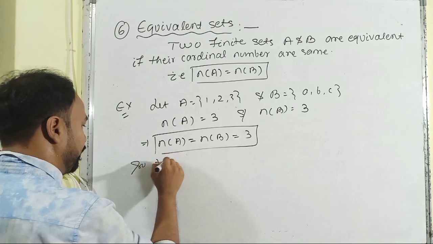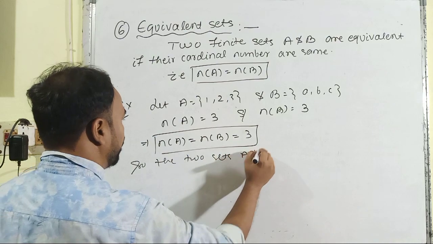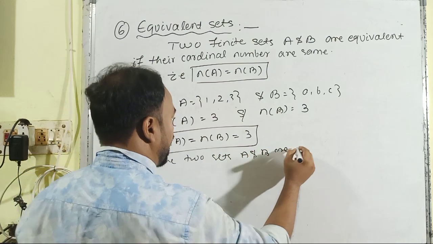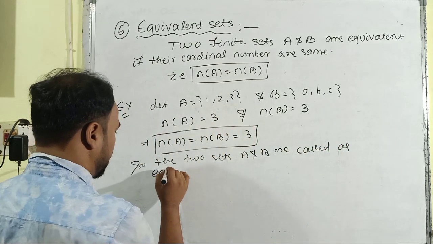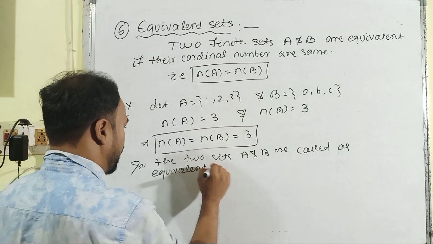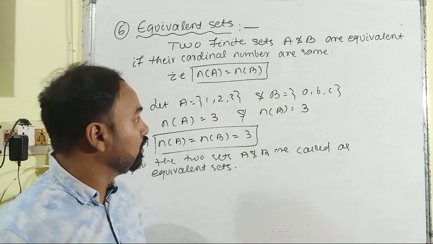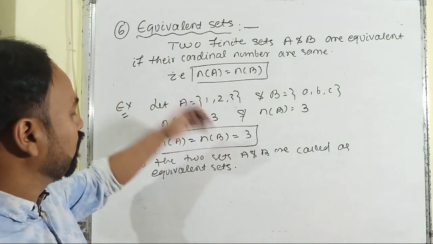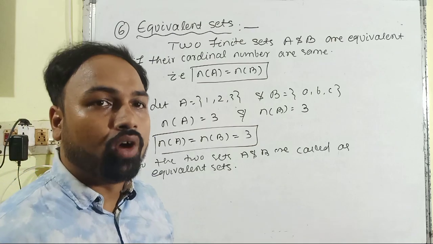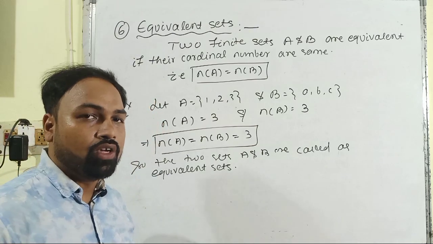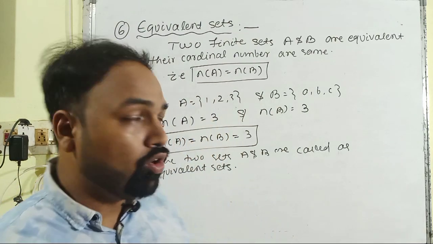So the two sets A and B are called equivalent sets. So it is all about the definition and the symbolic form, and one example upon the equivalent sets. Then moving towards the equal sets, and then we will discuss what differences exist between the equivalent set and the equal set.